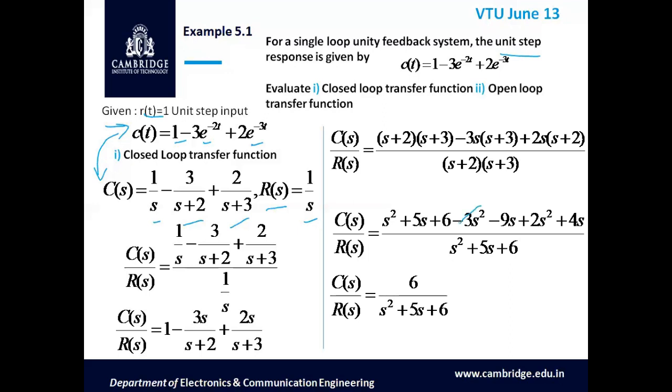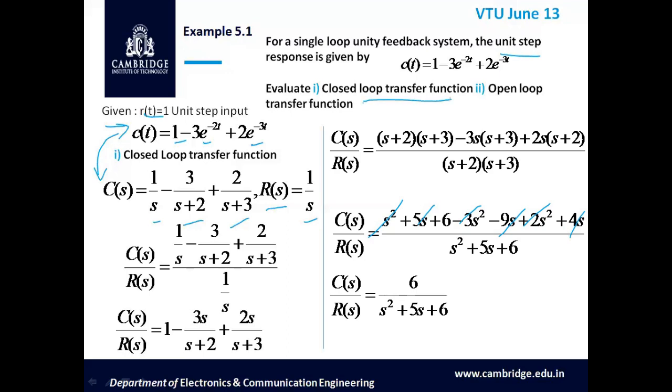We have here plus 3s square and minus 3s square, and here plus 9s and minus 9s. So finally, we have obtained C(s) by R(s) equal to 6 divided by s square plus 5s plus 6. So we have obtained the closed loop transfer function.